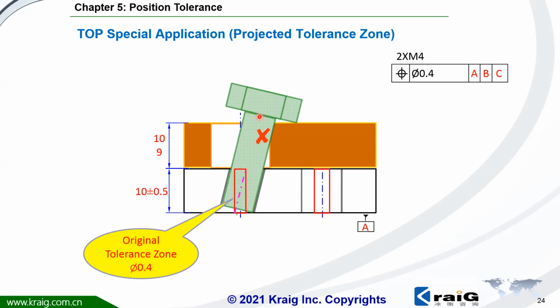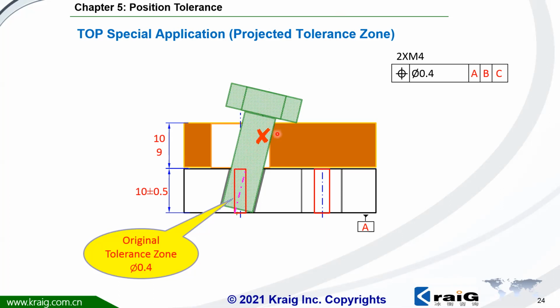This portion will have interference with the hole. And the axis from here to here of this bolt will be exceeding the tolerance zone of 0.4. That means you control the position of this portion of the bolt, but this portion is out of control.